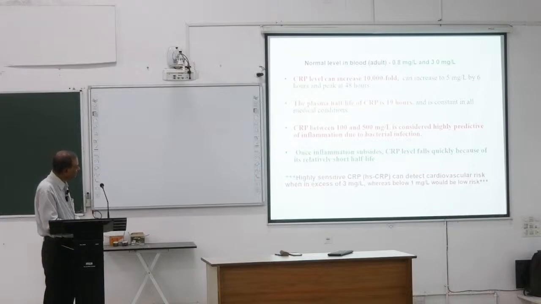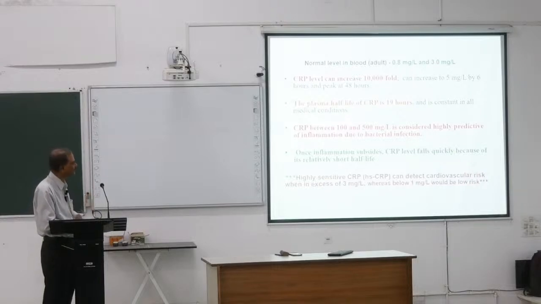So the basic purpose of showing this is that the normal level is 0.8 to 3, but if the CRP level is between 10 to 100 to 500, it is considered a bacterial infection.